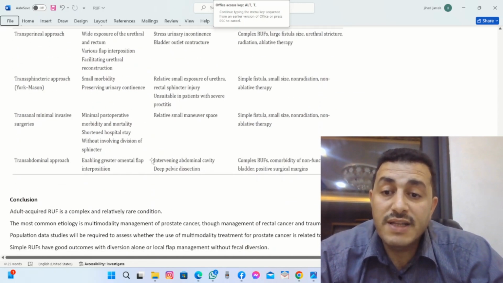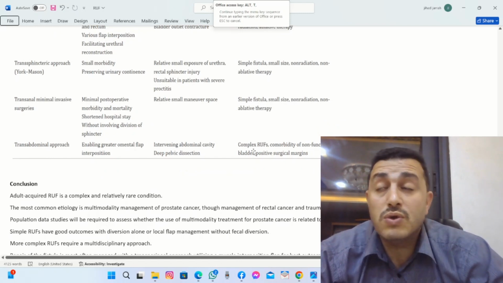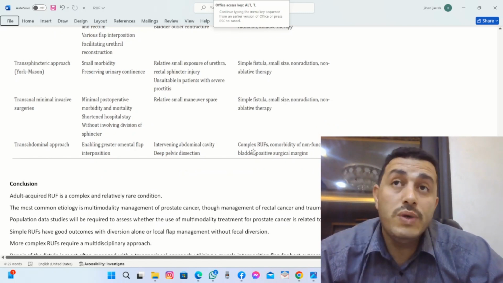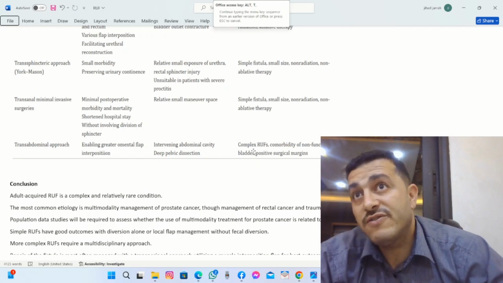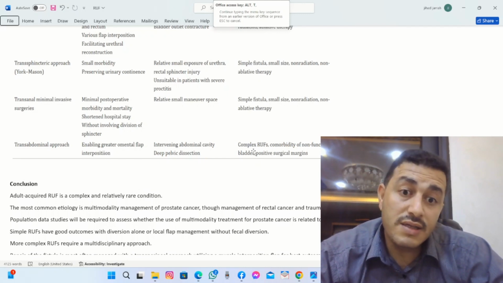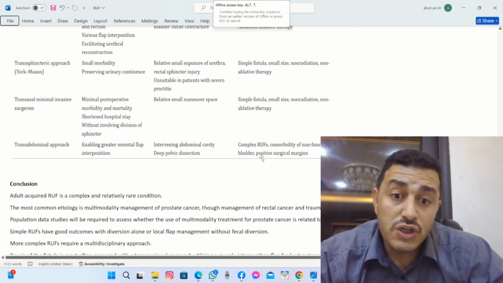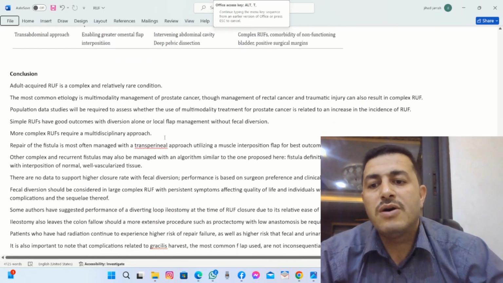Of the disadvantage, entering the abdominal cavity. This is abdominal surgery, and it's indicated, we said, for high complex fistula that we cannot approach, when we have positive margins, urinary dysfunction, non-functioning bladder, positive surgical margins.